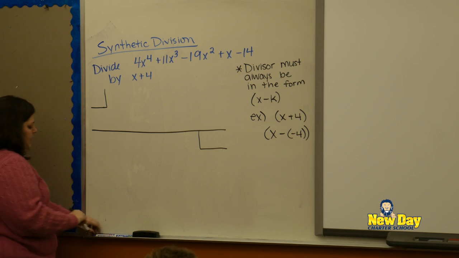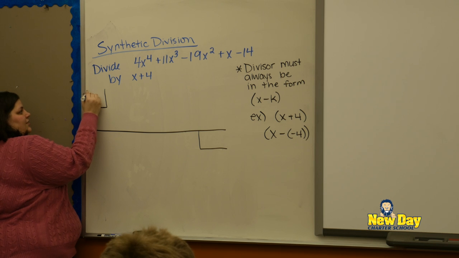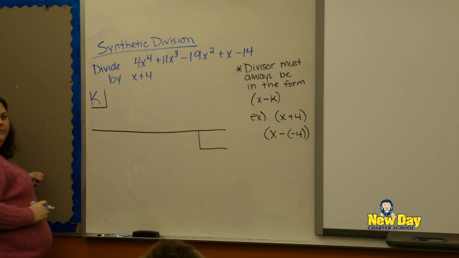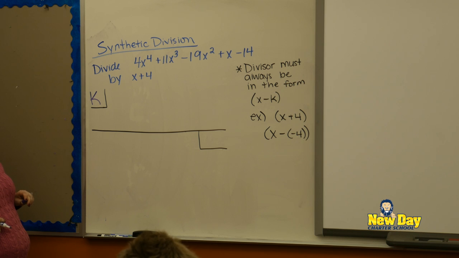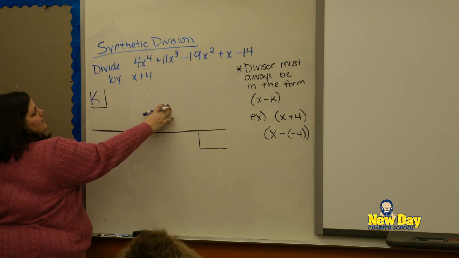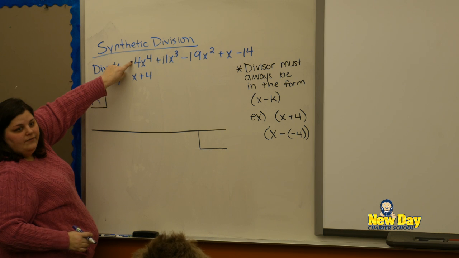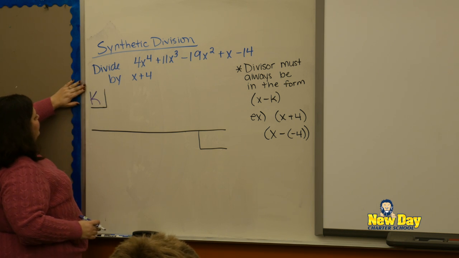Okay? In this box right here goes your k. Everybody with me on this? Whatever you're subtracting from your x here. Okay? These are your coefficients of whatever you're dividing. So this is your k, right?